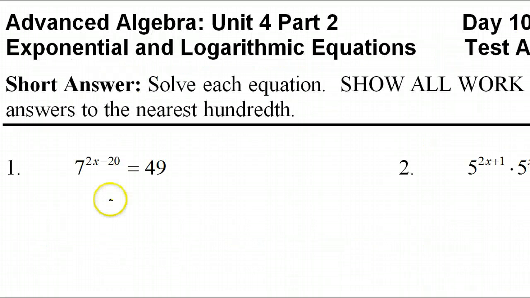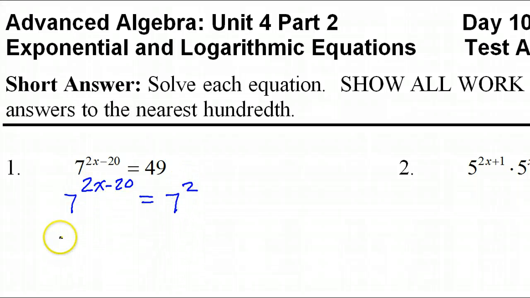Problem number 1. We're supposed to solve this. Now I'm seeing the 7 and the 49, and like bases can be done with this problem. So let's do like bases. So I've got 7 to the 2x minus 20, and 49 is 7 squared, like bases. Then I can set the exponents equal to each other. So 2x minus 20 should equal 2.